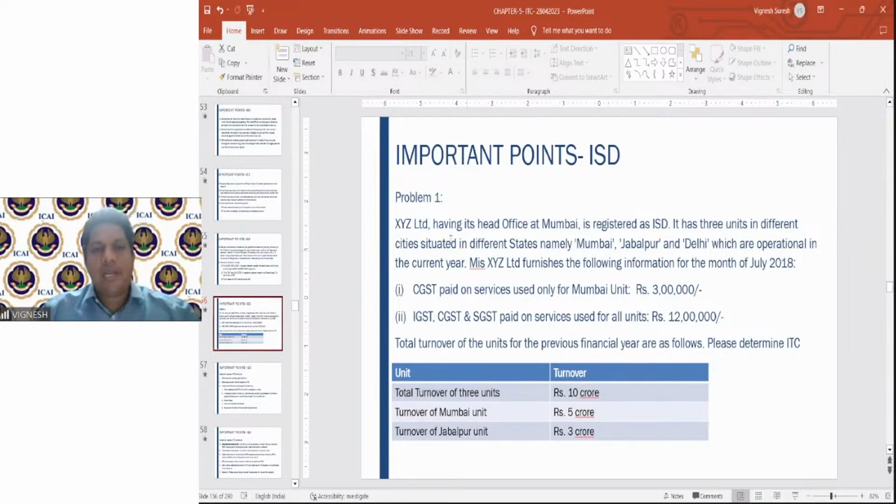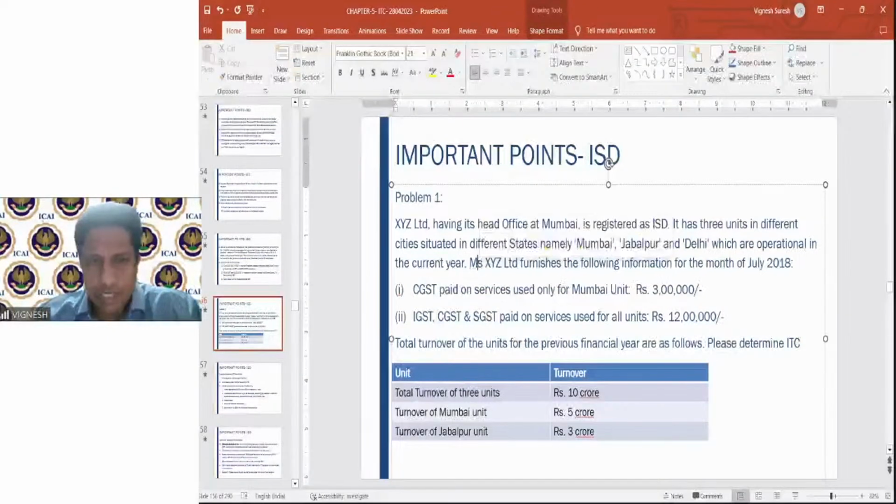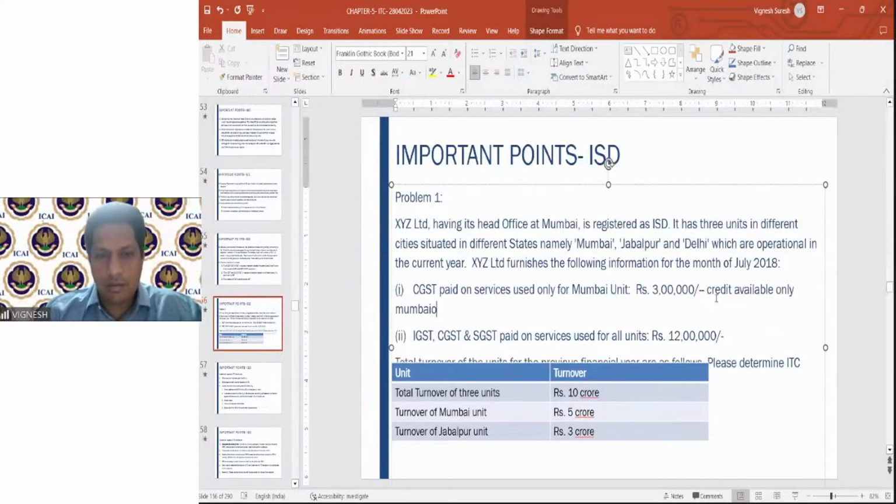So here what is happening? XYZ has the head office registered as ISD. 3 units are there in different places: Mumbai, Jabalpur, Delhi. Operational in the current year. XYZ Limited furnishes the following information. CGST paid on Mumbai unit is 3 lakhs. So therefore, only for Mumbai unit, the CGST 3 lakhs will be available. Credit available only for Mumbai.